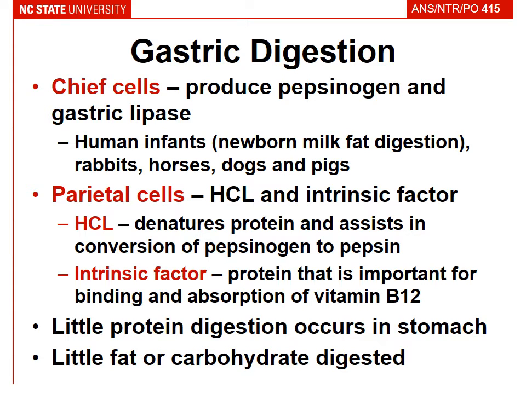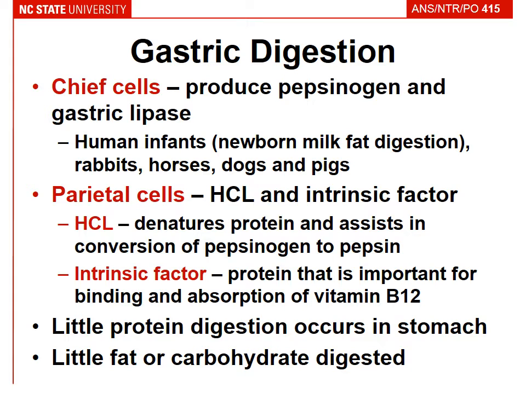This is the main reason why hindgut fermenters that are dependent on microbes to synthesize B12 for them end up practicing coprophagy, because they cannot absorb B12 without it being conjugated to intrinsic factor.